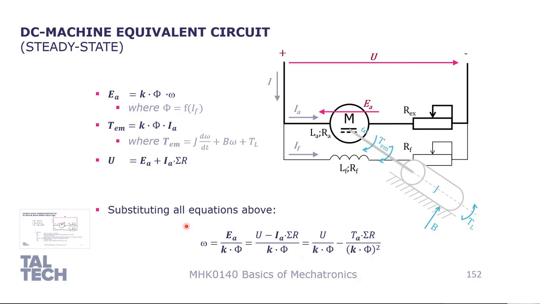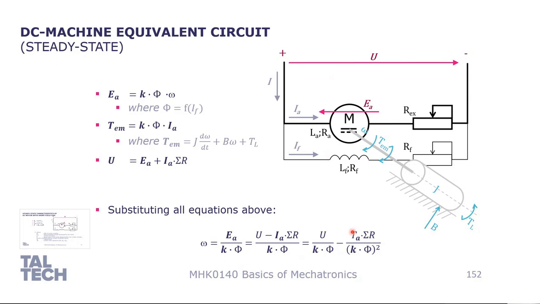So once again, I will repeat the equation. This is the angular velocity that we have on the shaft. We have here the terminal voltage that we are connecting to the machine. We have the construction gain. We have the magnet flux, which can be recalculated from the field winding or excitation winding.